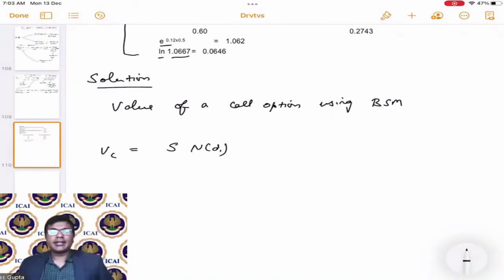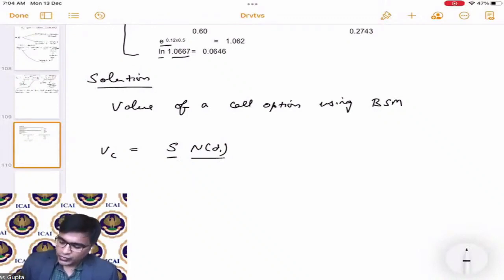So we said that for writing a call option, we need to buy the shares today, correct? That was one of the four cases that we have studied. So this is the purchase of the shares. How many shares have to be purchased will be given by ND1, and at what price those are purchased is the spot price. This is the cash outflow.